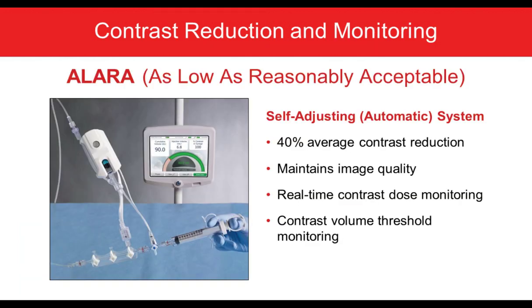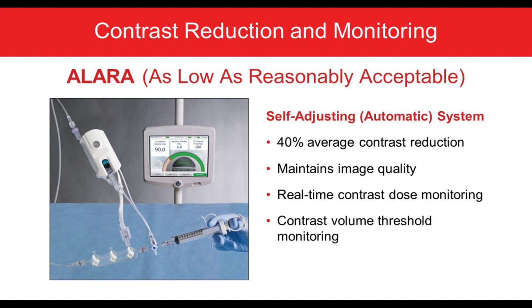So focusing on the as low as reasonably acceptable principle, this is, for instance, contrast modulation and monitoring technology. This is the Divert Plus system, which is a self-adjusting system which helps reduce contrast delivery.